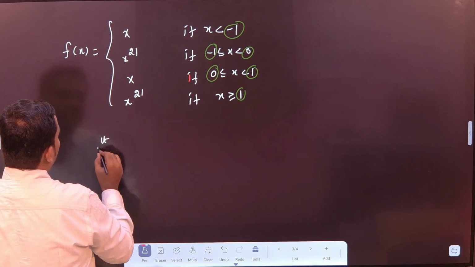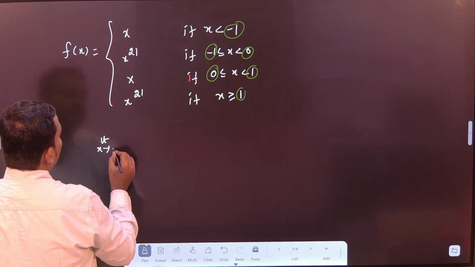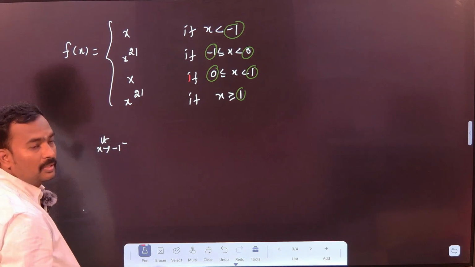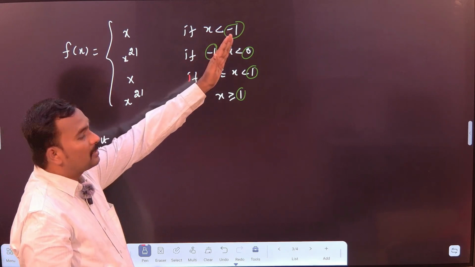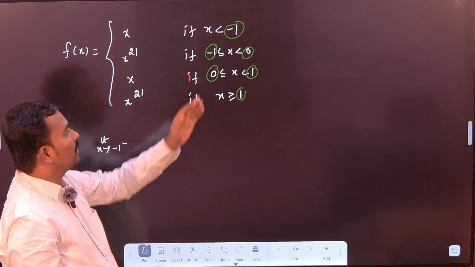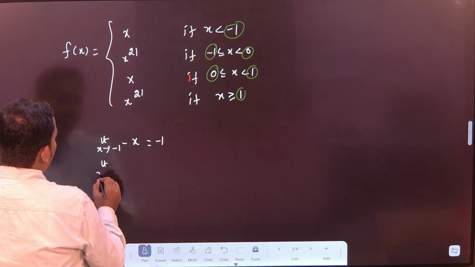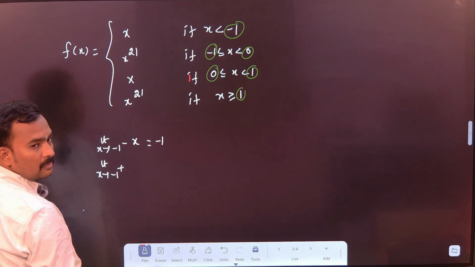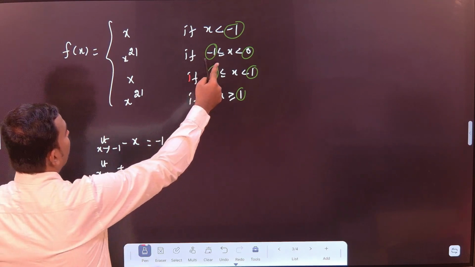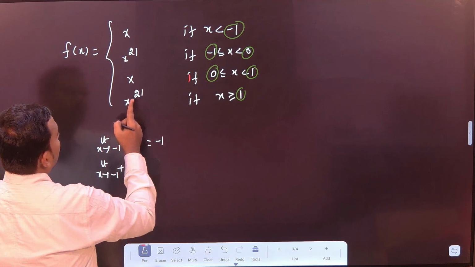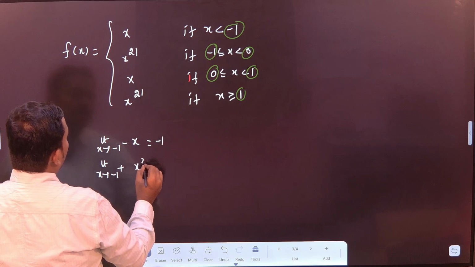At minus 1, limit x goes to minus 1 minus. Minus 1 minus means what? You have to check the left limit, that is less than minus 1, right? That will be x, and if you substitute minus 1, we get minus 1. If I check the right limit, minus 1 plus, that will be x to the power 21.